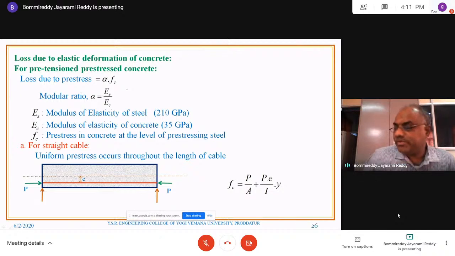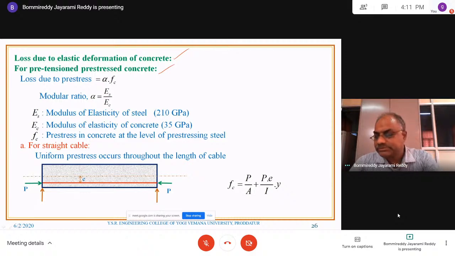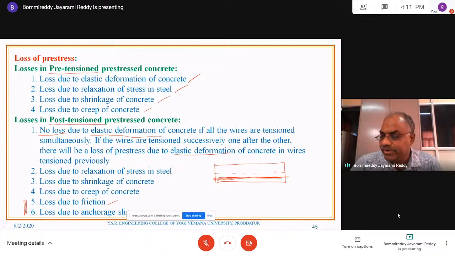And these are some of the small equations that you need to remember. Loss due to elastic deformation of concrete is for pre-tensioned pre-stressed concrete, because in pre-tensioned concrete there is a loss, whereas in post-tensioned there is no loss, or only a possibility of loss.